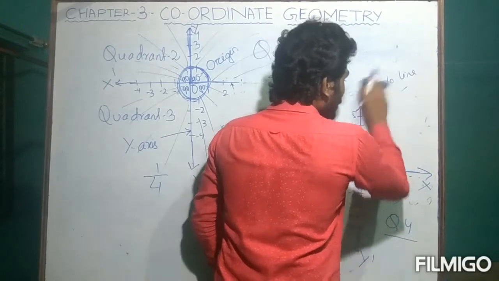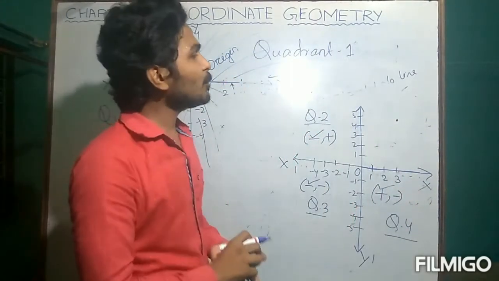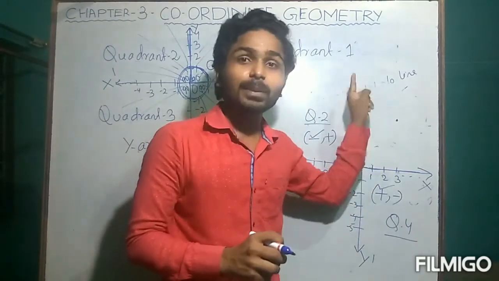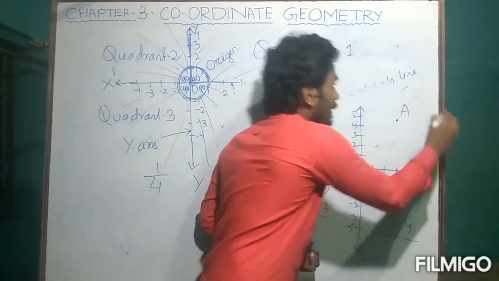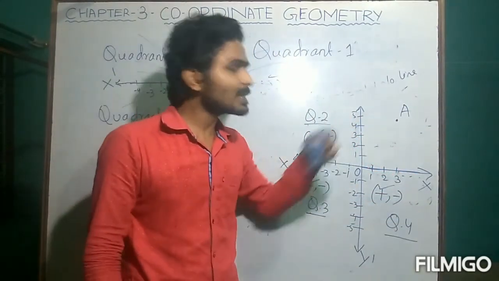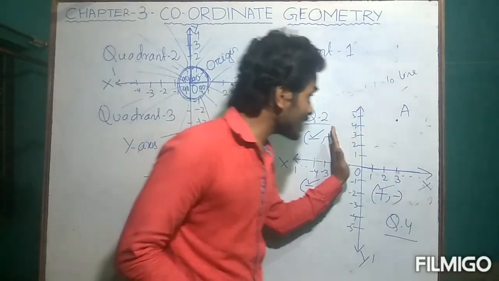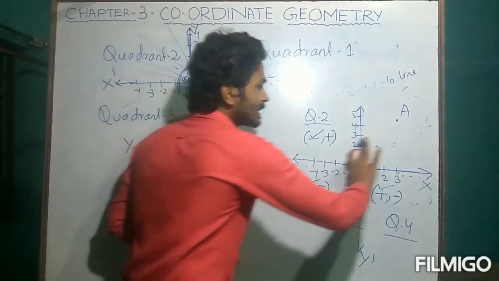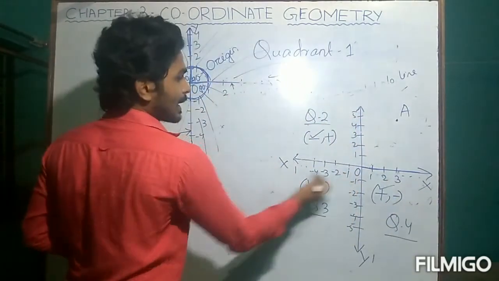Suppose there is a point A, and you have to find the exact position of that point. That means you have to reach that point. How can you reach it? As you know, all lengths towards the right are positive and all lengths towards the left are negative.